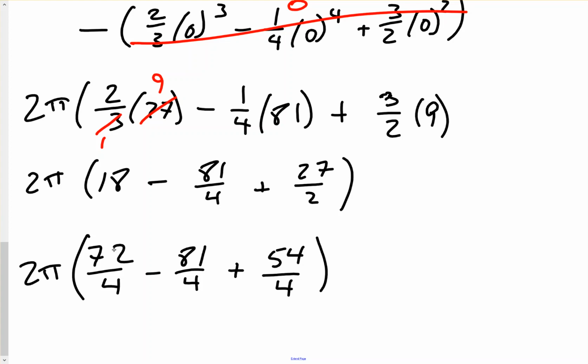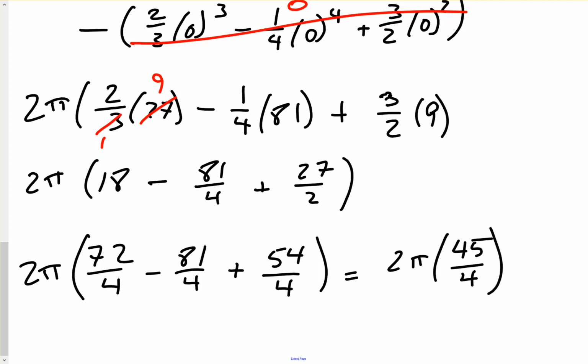Okay, so we have 72 minus 81, that would be negative 9. Plus 54, that would be 45. So we have 2 pi times 45 over 4.